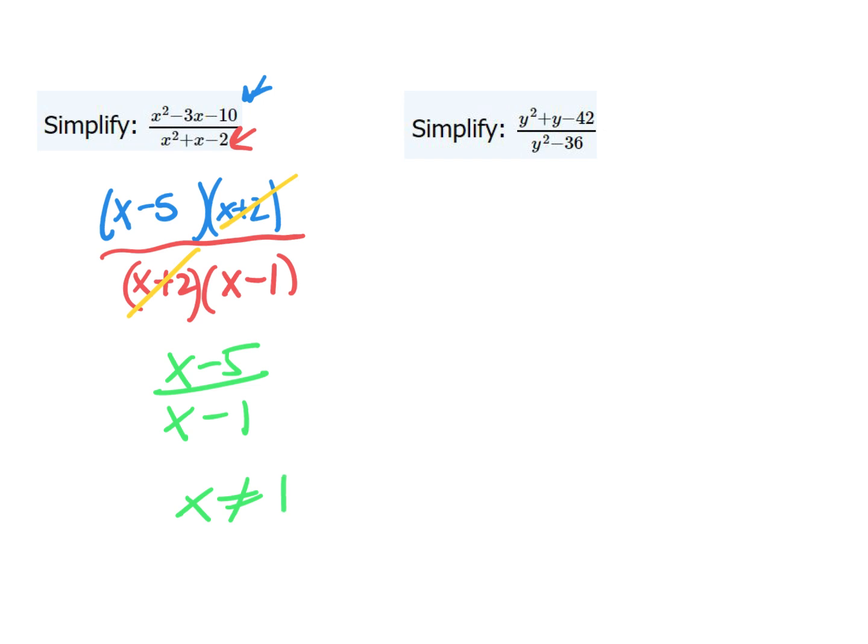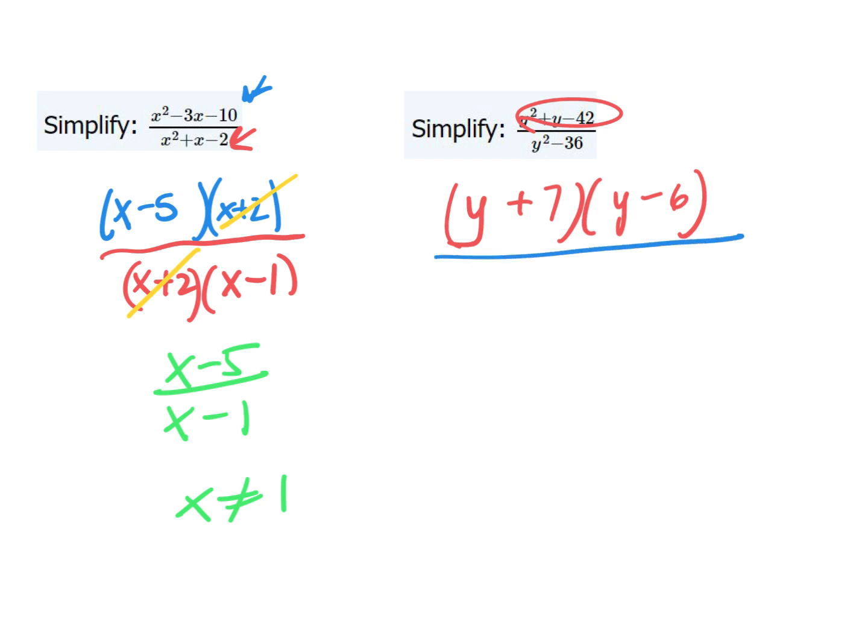If we look at the next one here, in the numerator, two numbers that multiply to negative 42 and add to a positive 1. It's going to be a y plus 7 and a y minus 6. And then our second type here, we're going to factor a difference of two squares. So that's going to be a y plus 6 and a y minus 6.